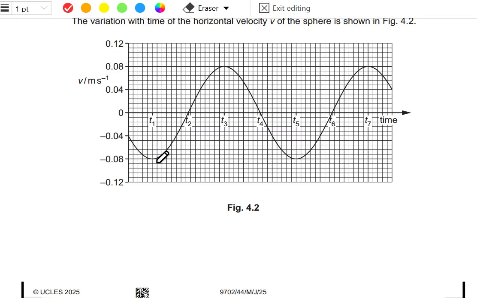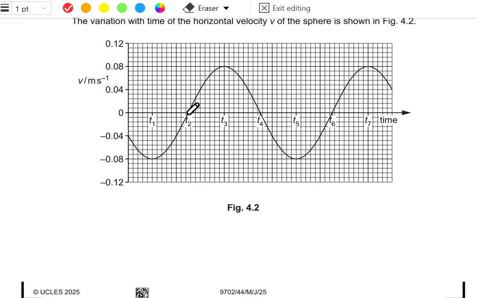Sorry, here at T1, it was coming from right to left and reaches the equilibrium from right to left. After that, it will continue to the left until it reaches the maximum displacement, or the amplitude, to the left.